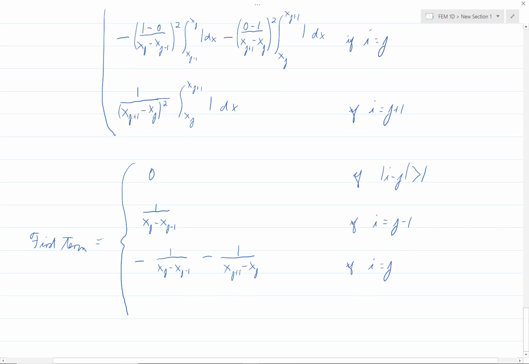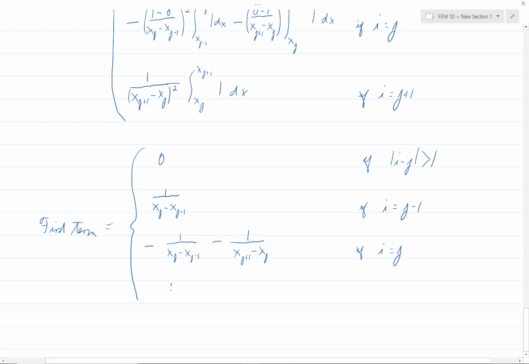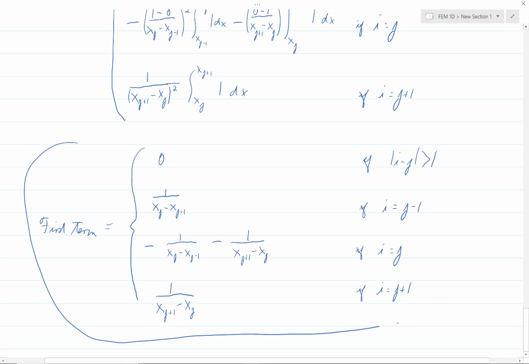And finally, you will get 1 over (xj plus 1 minus xj) if i equals j plus 1. And that concludes our discussion of how to evaluate the first term.